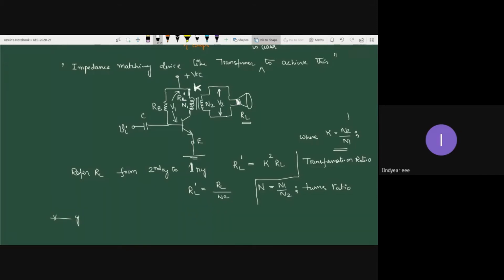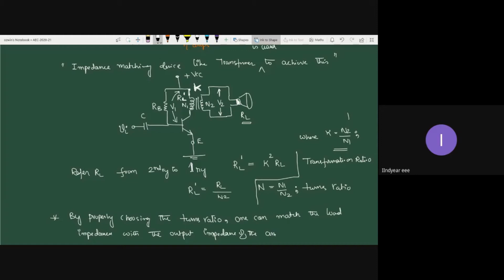So, by properly choosing the turns ratio, one can match the load impedance with the output impedance of the amplifier circuit.